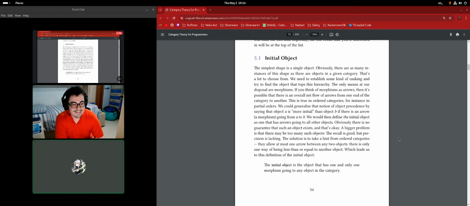Look, a lattice is just a partial order, except you have a distinguished top element that is greater than every other element, and a distinguished bottom element which is smaller than every other element. That's the only thing that distinguishes a lattice from a plain old partial order. You have a top and a bottom. I already mentioned this to you.